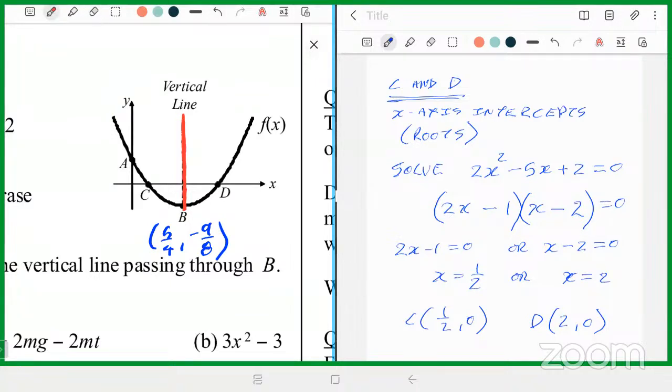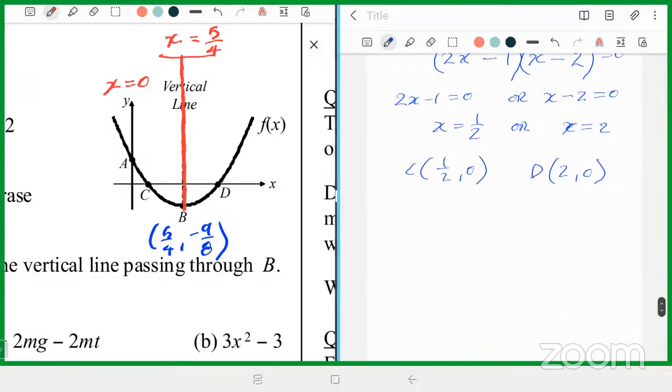My mistake. x equals 0 is the equation of the y-axis. So this vertical line carries a similar equation, x equals some number. Because that line passes through a point where the x value is 5/4, the equation of that line is x equals 5/4. All points on this line have an x value of 5/4, just as all points on the y-axis have an x value of 0, hence the equation of the y-axis is x equals 0. The equation of this vertical line is x equals whatever the x value is at that point. All right, and so that answers that one.